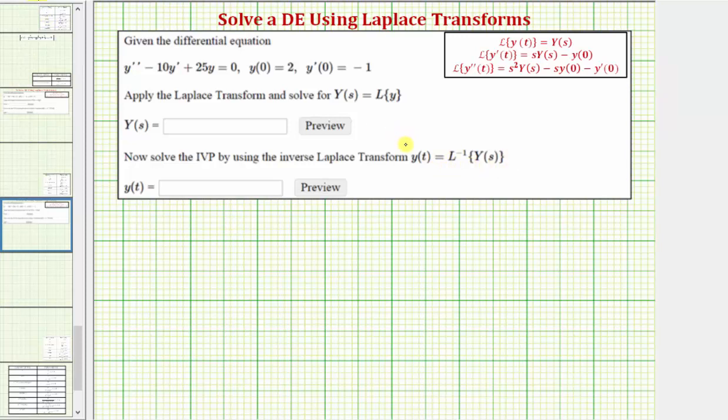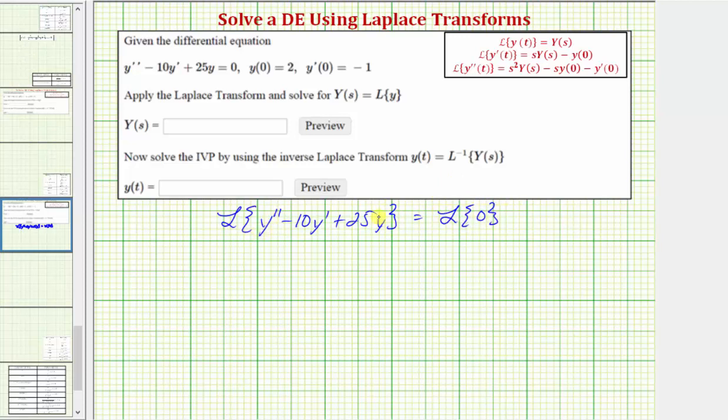So our first step is to take the Laplace transform of both sides of the differential equation, which would give us the Laplace transform of y double prime minus 10y prime plus 25y equals the Laplace transform of 0.